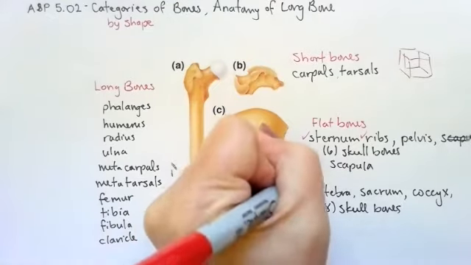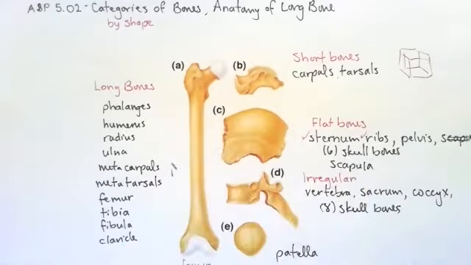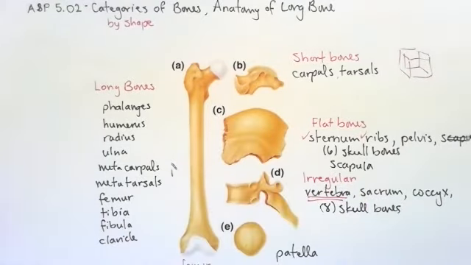The next category is irregular bones. The one that you see off to the left here is one of the vertebra. They have lots of projections and lots of holes. We're going to learn those holes are called foramens, and the projections are called processes.